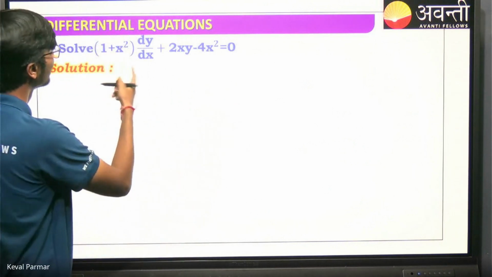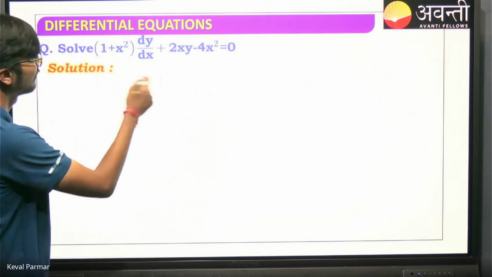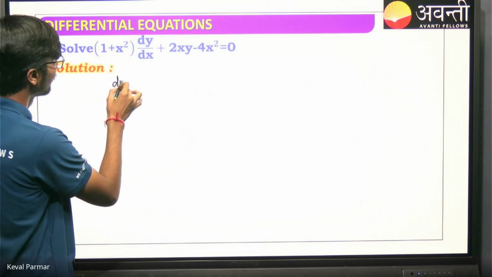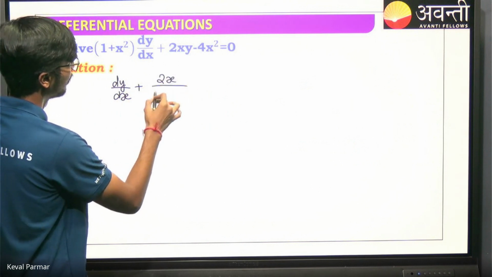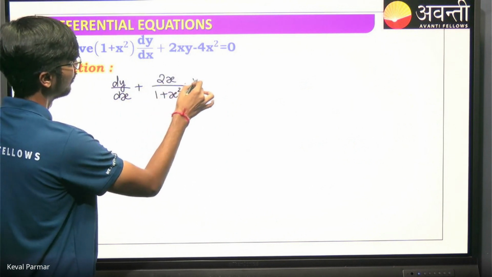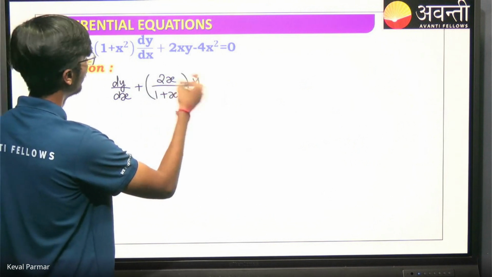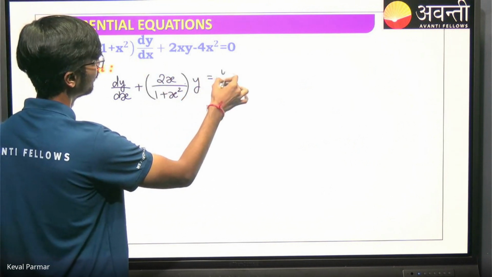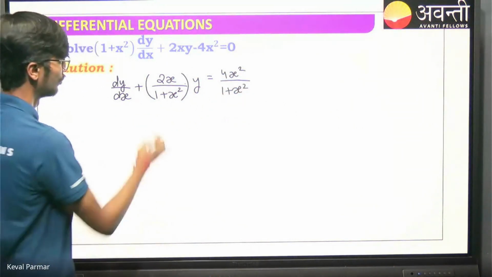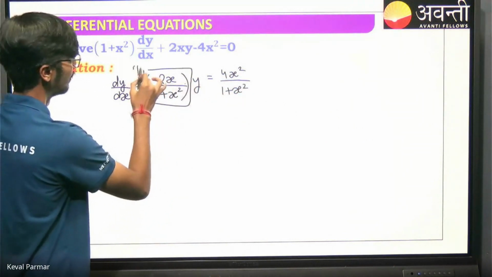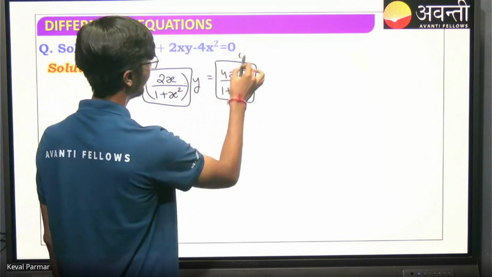So first, I need to divide by 1 + x². So I'll get dy/dx + (2x/(1 + x²)) y = 4x²/(1 + x²). So this is p and this is q.